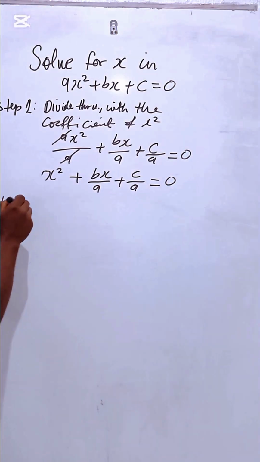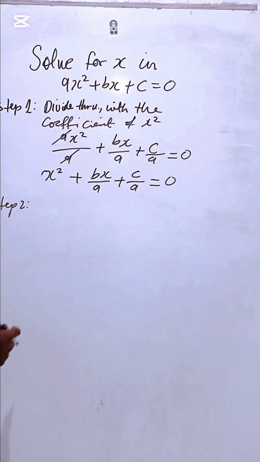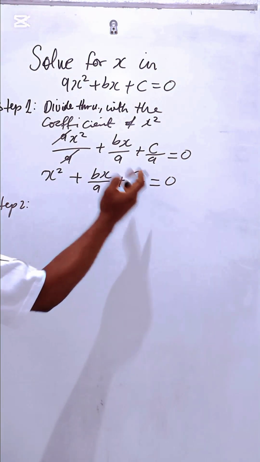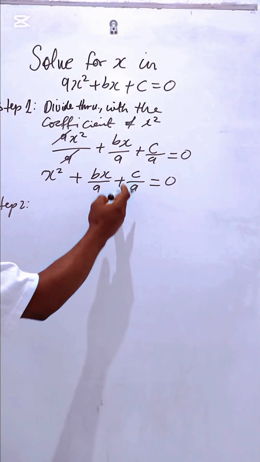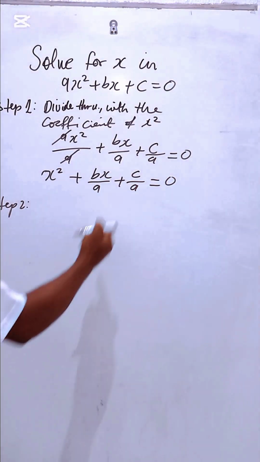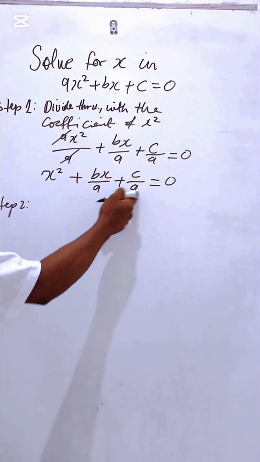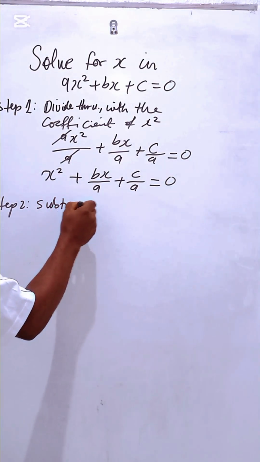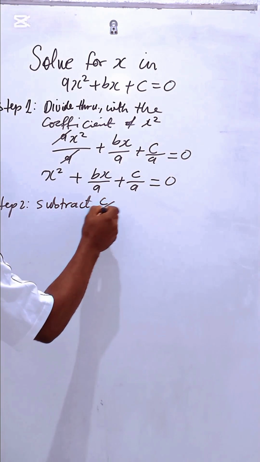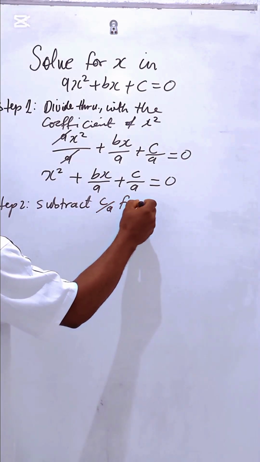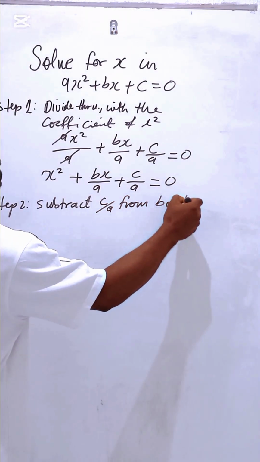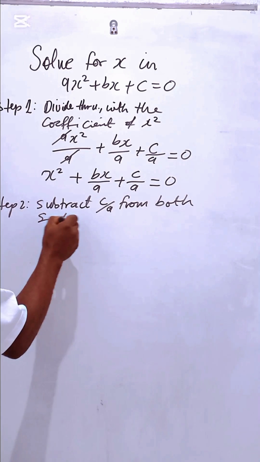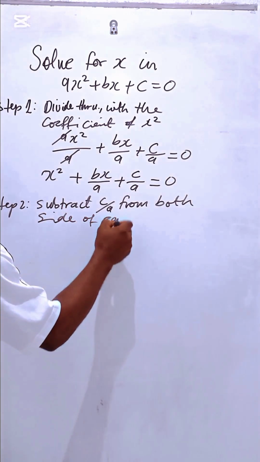Step 2, we subtract the constant c over a from both sides of the equation to remove c over a from this side of the equation.